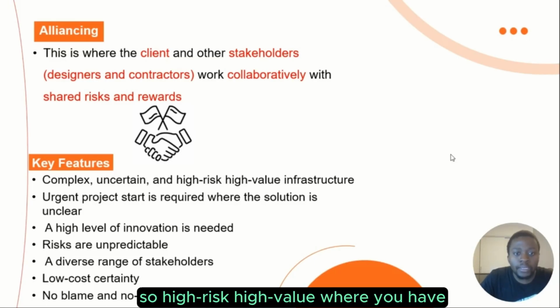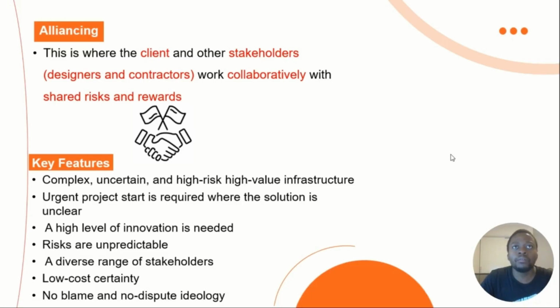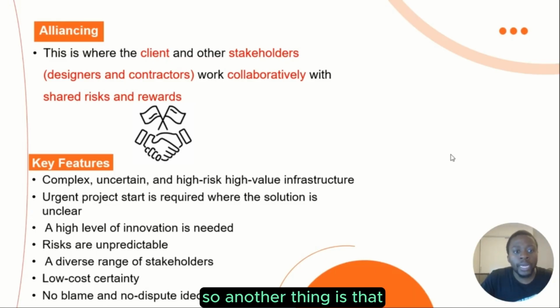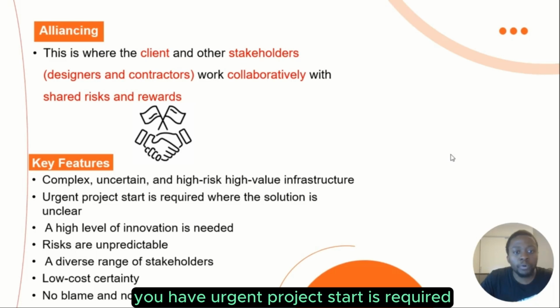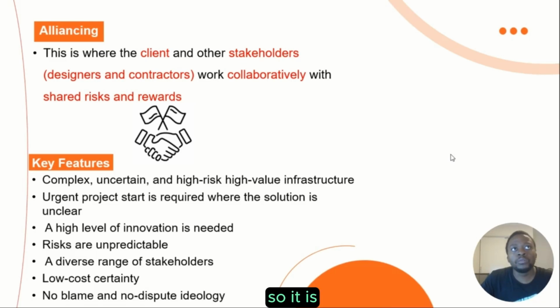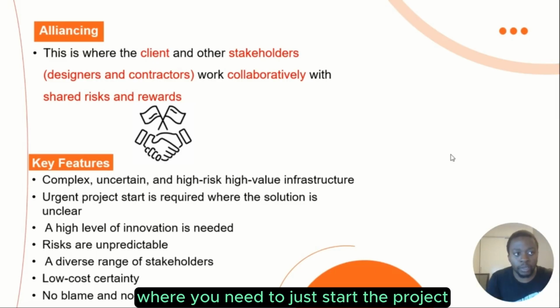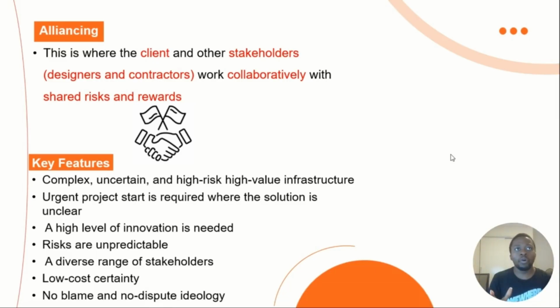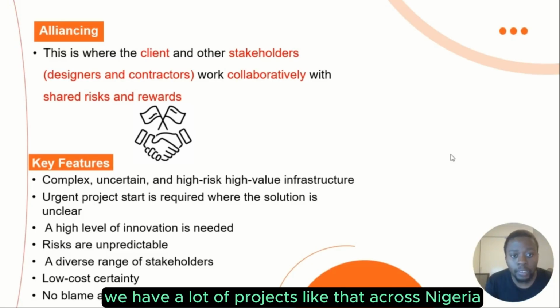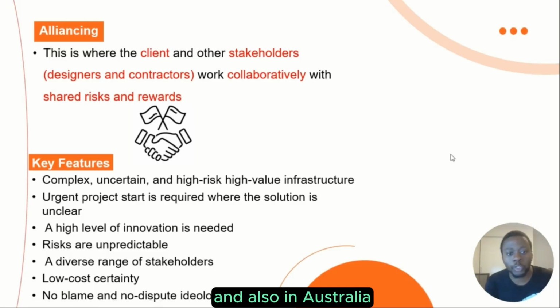So high risk, high value, where you need innovation, technical expertise, and solutions to problems in the project. Another thing is that an urgent project start is required where the solution is unclear. You just need to start the project, although you don't have an overview of how the project will go eventually. You just have to start. We have a lot of projects like that across Nigeria and also in Australia.